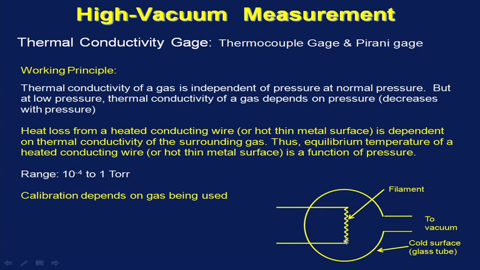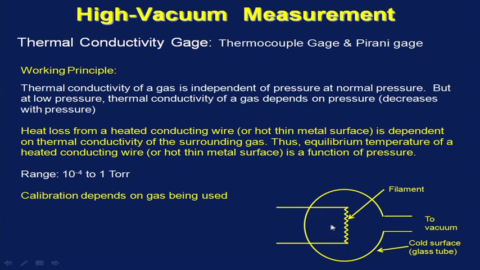So, if we have a heated filament in, say, a glass tube, and the tube is connected to the gas whose pressure I am going to measure, there will be heat transfer between this heated filament and this cold glass surface. Heat loss from this hot surface will depend on the thermal conductivity of the surrounding gas.